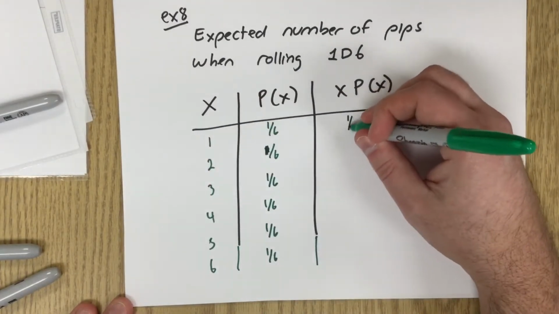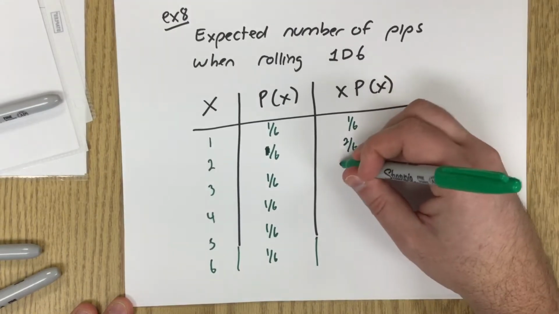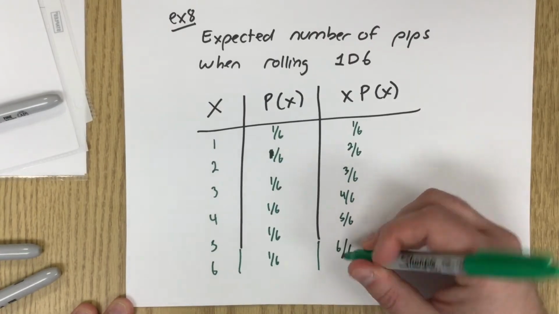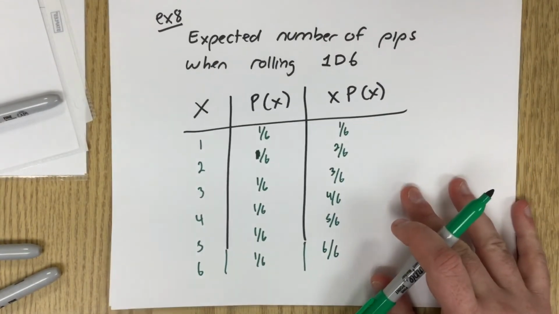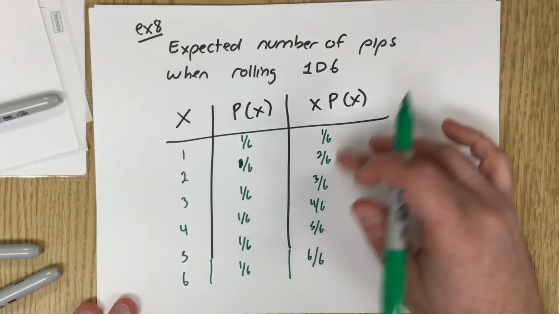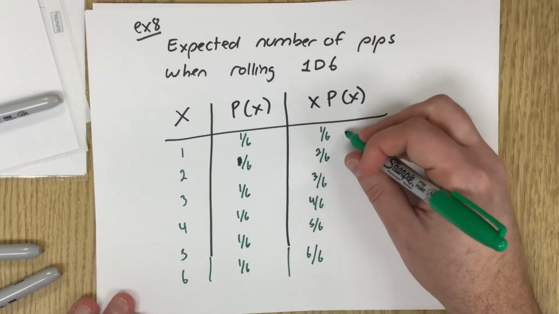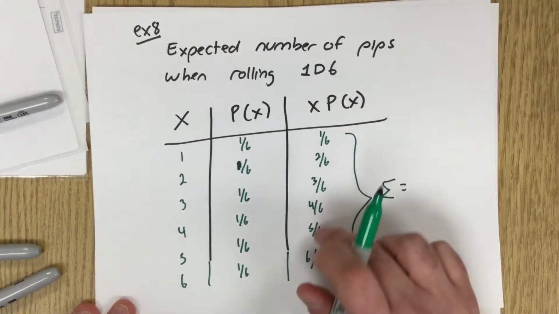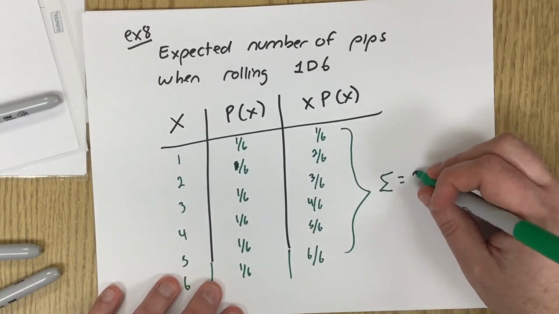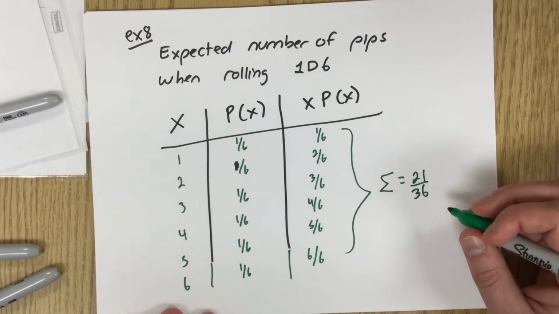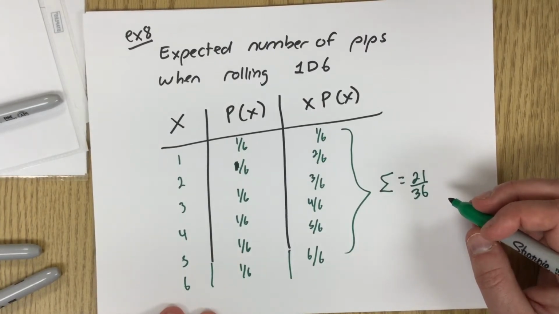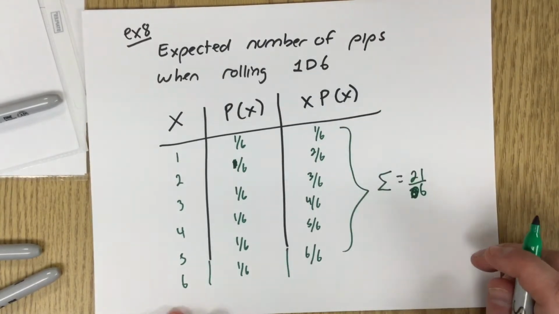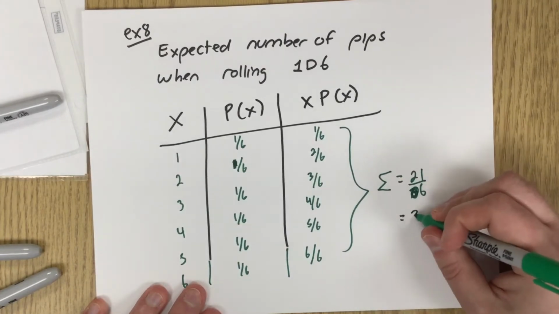And if we multiply it, we're going to get 1 out of 6, 2 out of 6, 3 out of 6, 4 out of 6, 5 out of 6, 6 out of 6. We could reduce some of these, but that'll make it harder to add, because when you add, you're going to have to put them back into this form anyway. So you add them all up, and the sum is going to be 21 over 6, which is equal to 3.5.